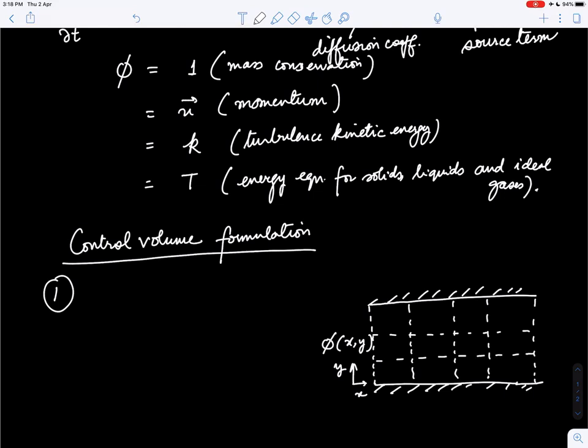So we have these non-overlapping control volumes which surround a unique grid point.